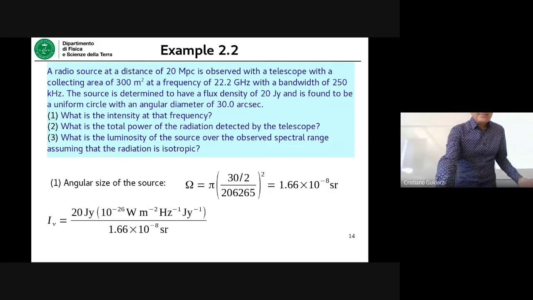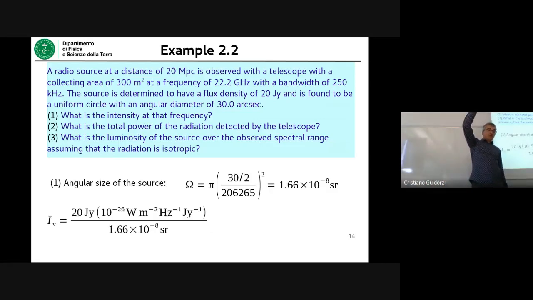And now, well, easy. You have the power. You have the specific flux. So again, I put among brackets, Jansky means watt per square meter per hertz, and this is the conversion between Jansky and international system units. Over watt? Well, you just miss the angular size.